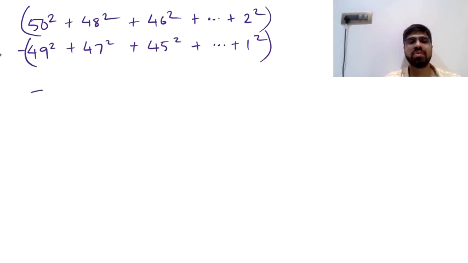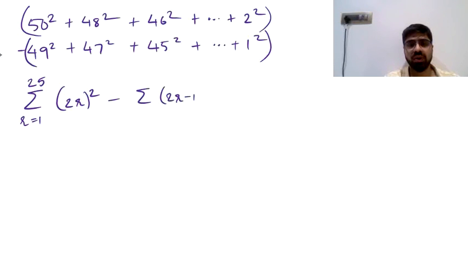We can write the first bracket as summation of 2r, the whole square. Be careful, it will be r equal to 1 to 25, not 1 to 50, because when you put r as 25, you are getting the last term, that is 50 square. From that you are subtracting 2r minus 1 the whole square, and this one also goes from r equal to 1 up to 25.